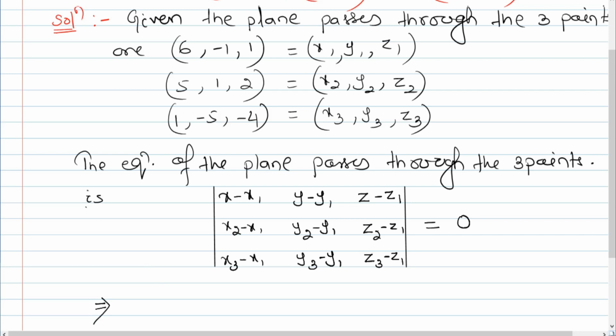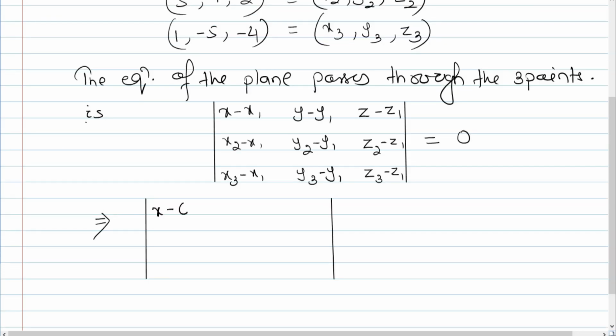So that is nothing but x minus 6, y plus 1 and z minus 1, first row. Second row 5 minus 6, x2 minus x1, 1 plus 1, only replacing the value, 2 minus 1.